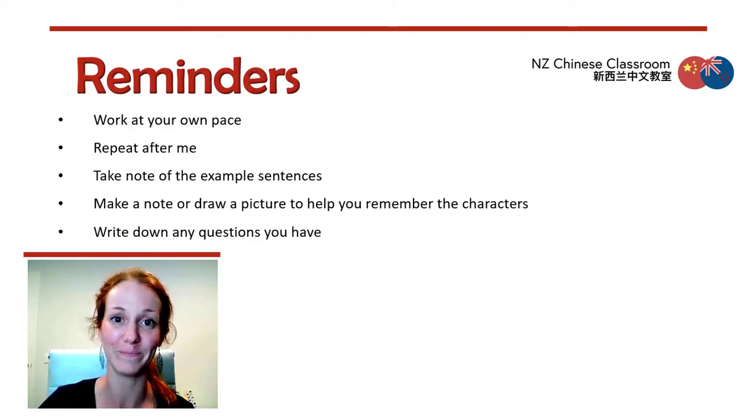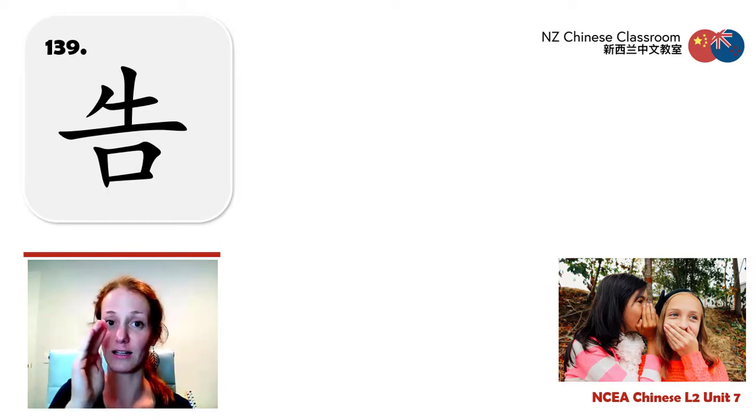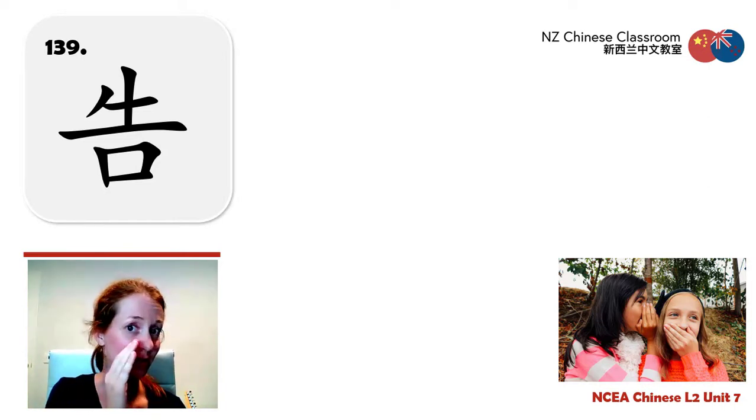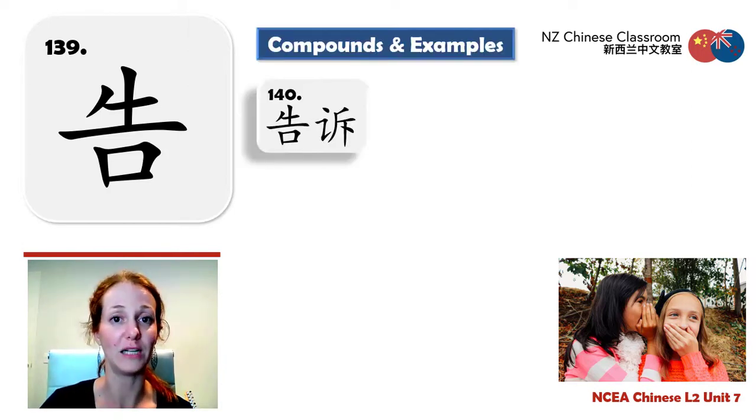我们开始吧. 告. So at the bottom we have the mouth radical, and at the top you can imagine that this is your little hand and you're whispering something into someone's ear. So 告诉 means to tell someone something.